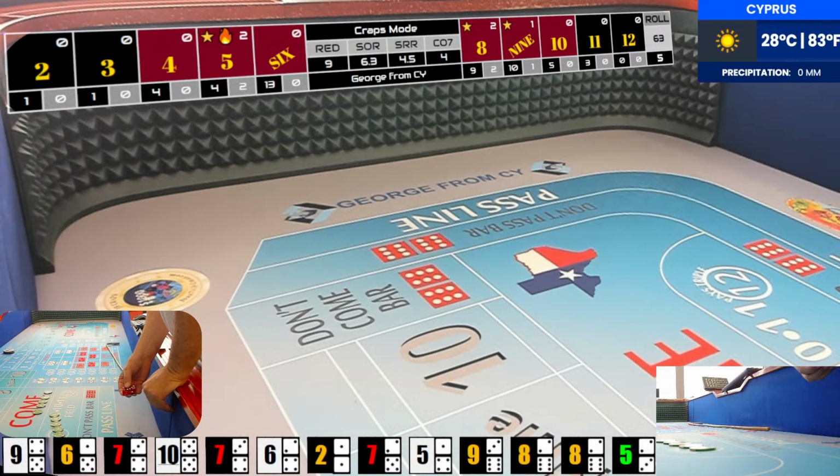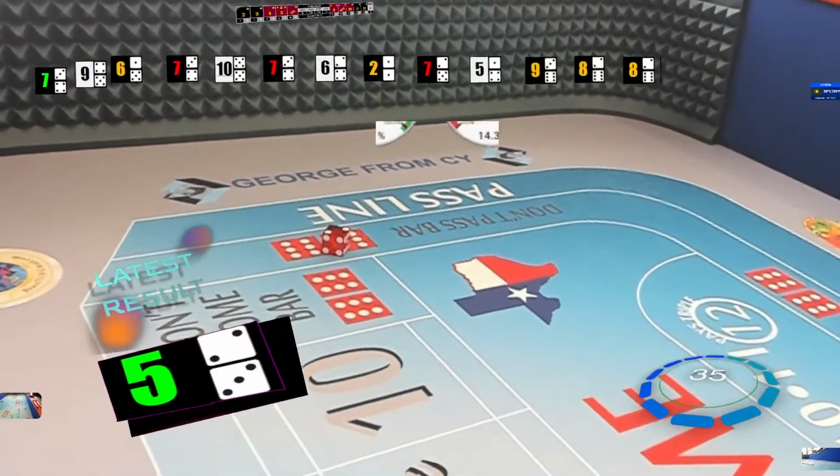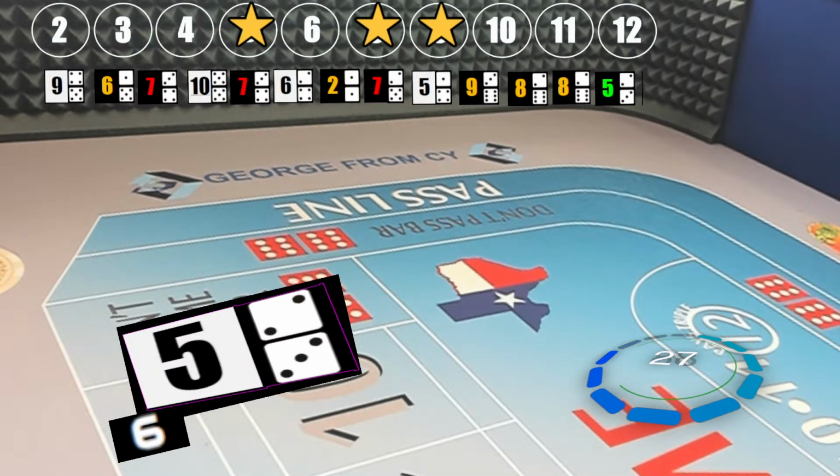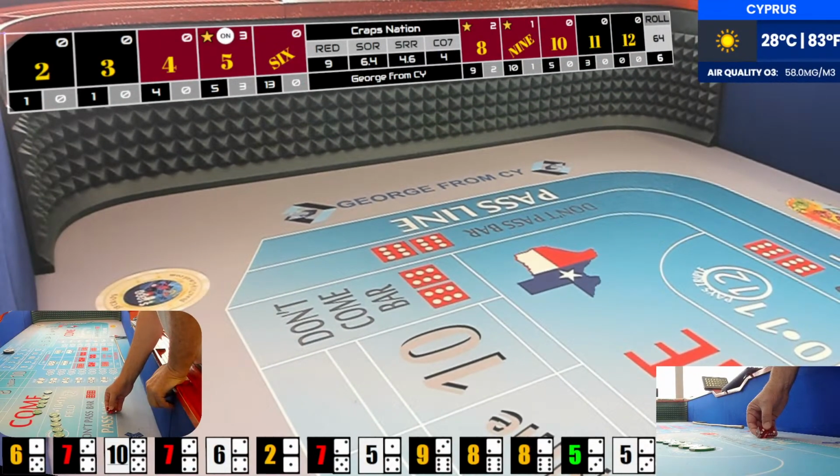There's 3, 2, 5. Implosion on both. One, 3, 1, 2. There's a 2, 5.